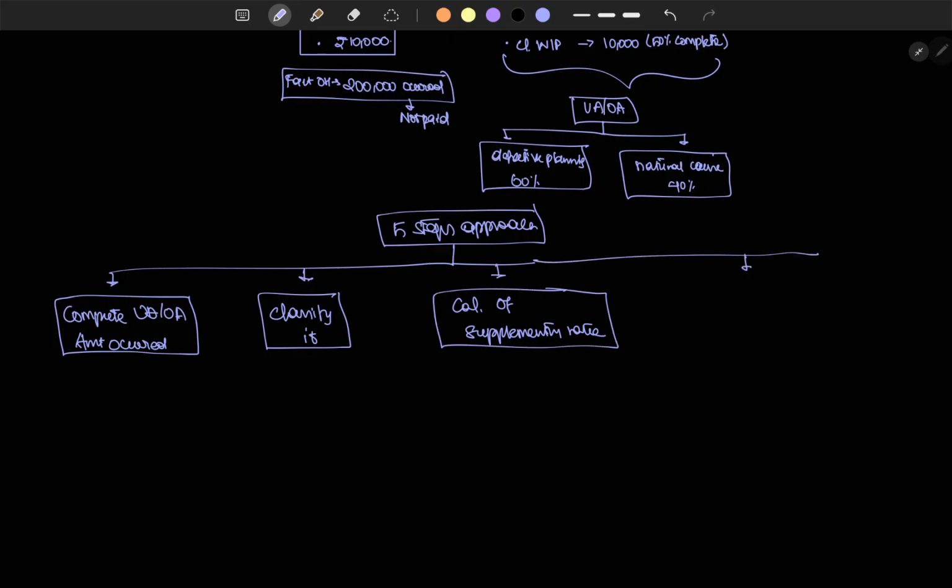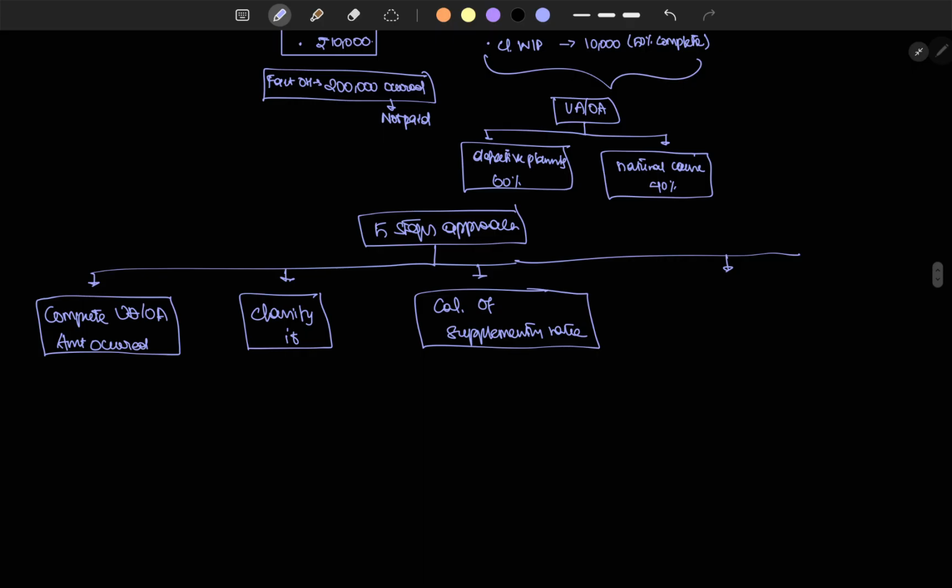The fourth one is charging the under absorbed or over absorbed amount to the products. The fifth one is the journal entry.